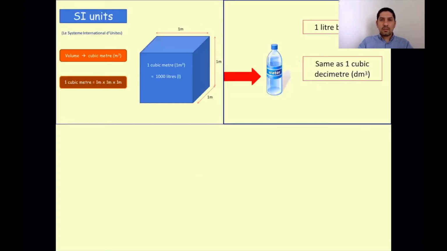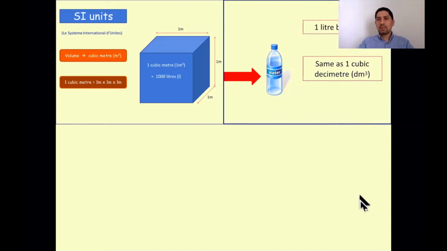Let's see more about the units of volume. As you can see here, a 1 liter bottle can be written as 1L, L for liter, same as 1 cubic decimeter.